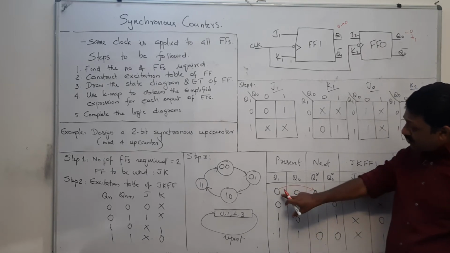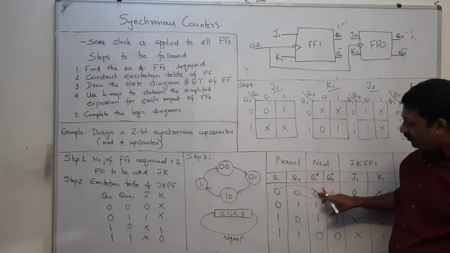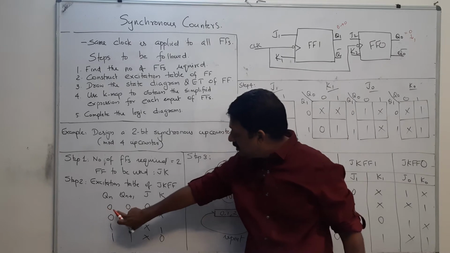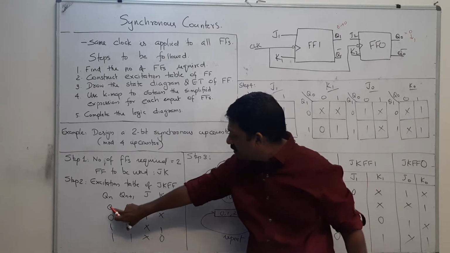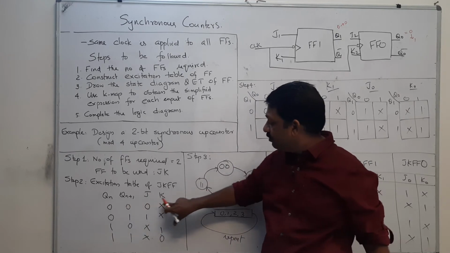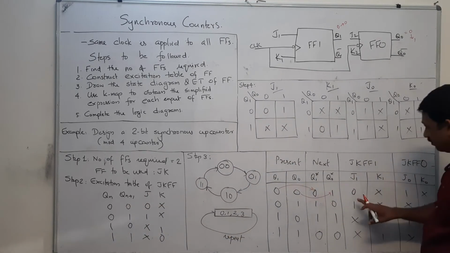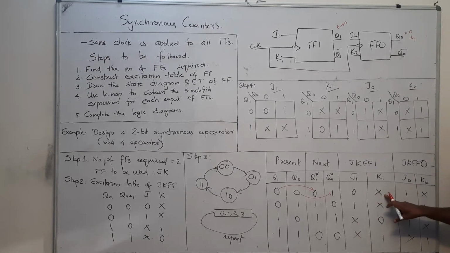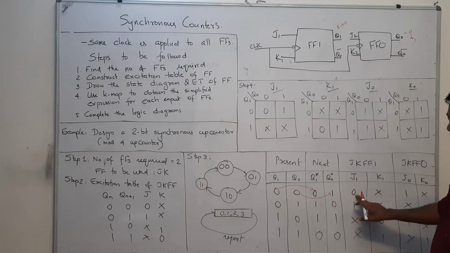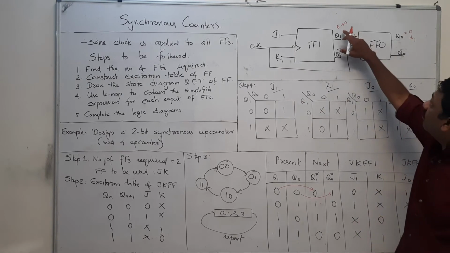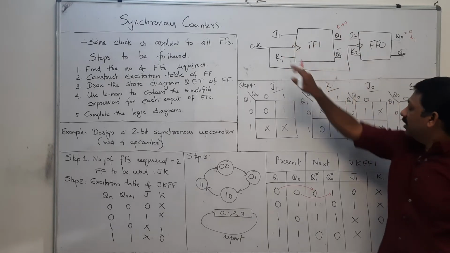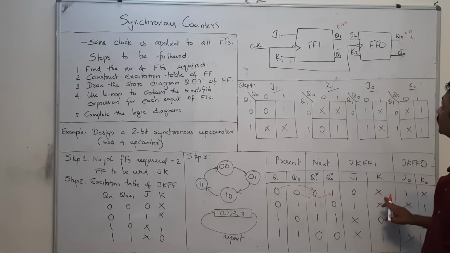So if it has to switch from 0 to 0, then the J and K inputs should be 0x. For a 0 to 0 transition, the J and K values should be 0x. So we have written here 0x. This J1 and K1 has to be 0 and x if you have to stay in the same state.